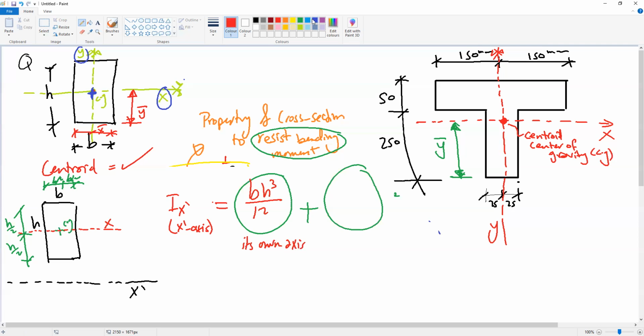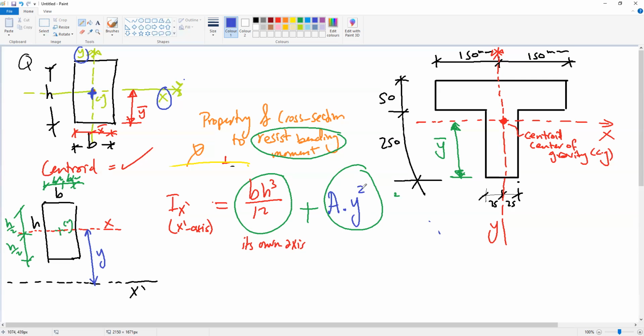The second term will be the area. Going back to the general definition of the inertia, it will be the area multiplied by the distance from the centroid to the new axis. This is called y.